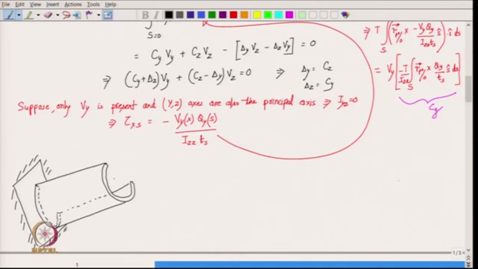And so, on the free end we might be applying, let us say, a point load in the transverse direction.